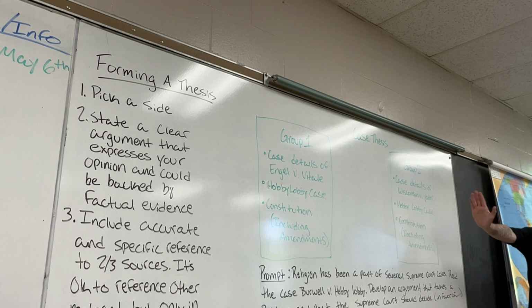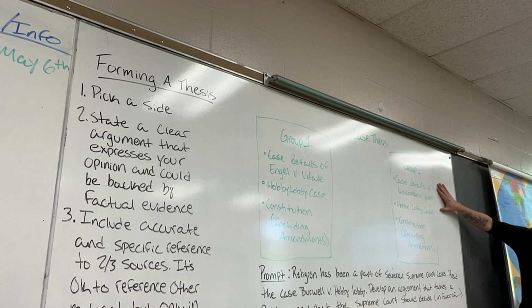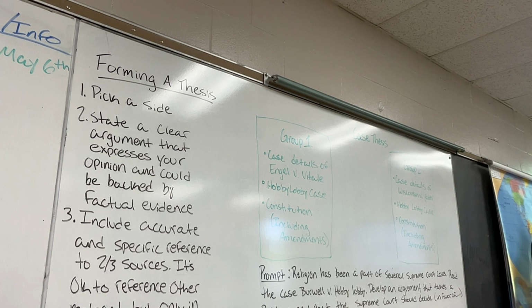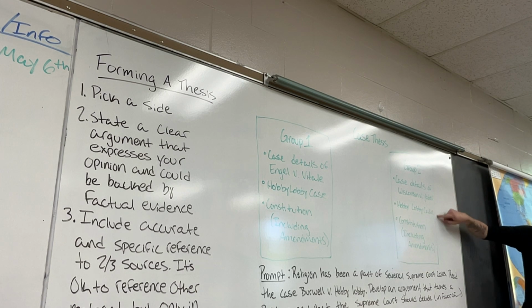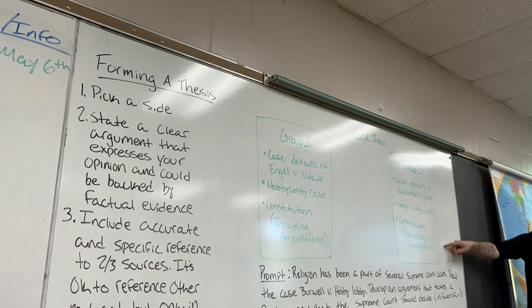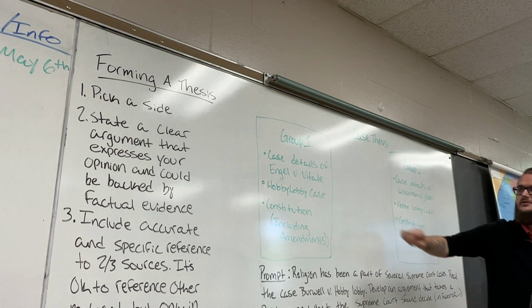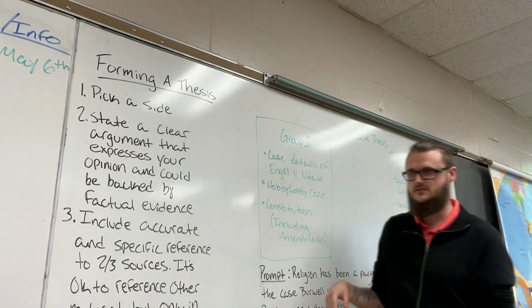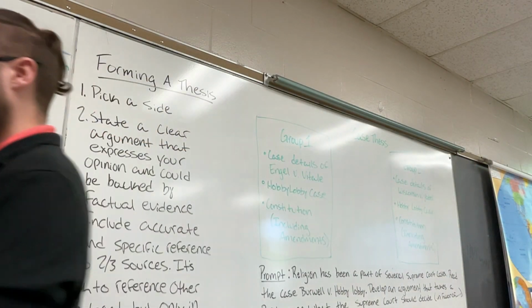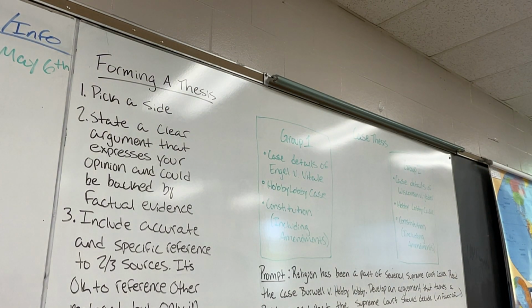So we'll just do it with the sides of the room. Group 2, that'll be our guys up front. You guys can use details from Wisconsin versus Yoder, the Hobby Lobby case, and then Constitution and amendments. Guys in the back, you can use the case of Engel versus Vitale, Hobby Lobby case, and Constitution. So, all three of these cases are going to deal with religion in some way.